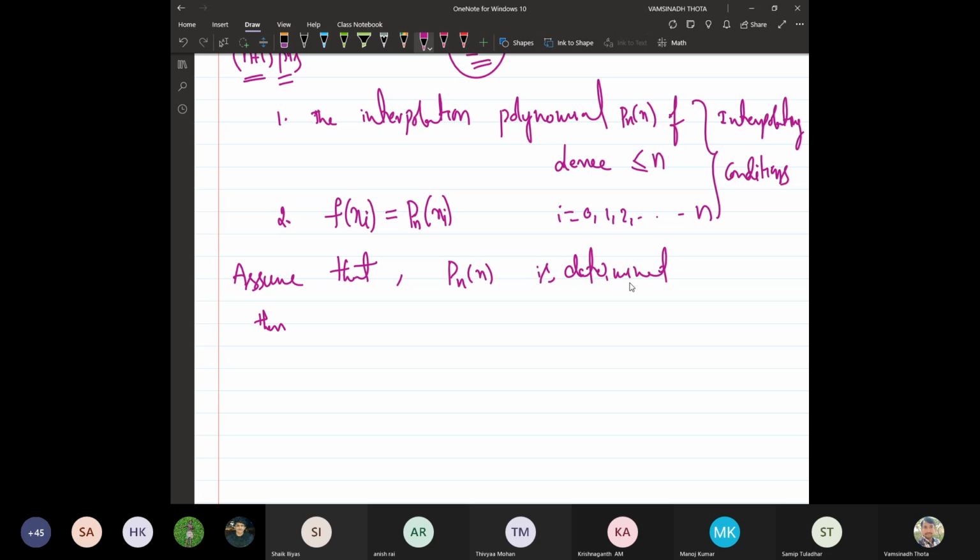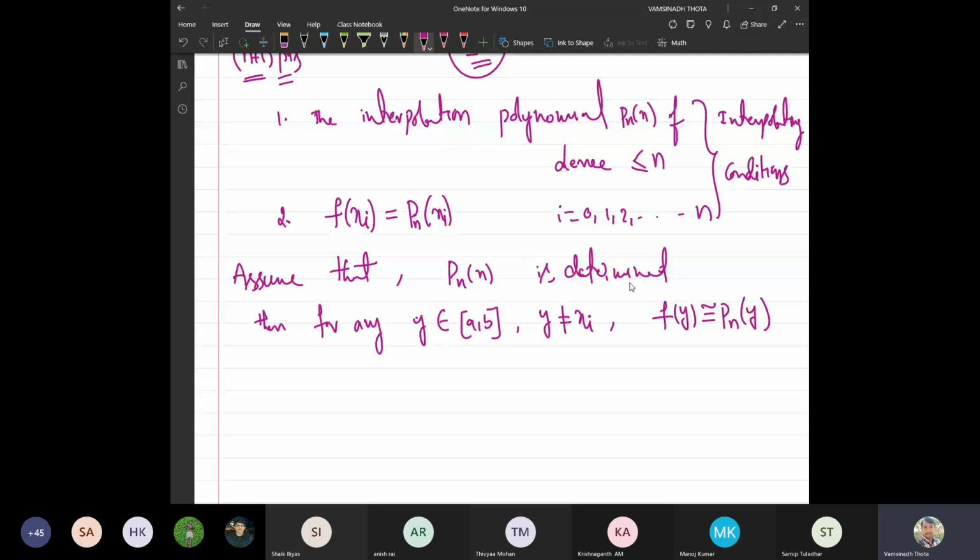Then for any y belonging to the interval [a, b] such that y is not equal to xi, if you give any point of the domain, I can say the approximate value of the function f at the point y is the value of the polynomial at the point y.